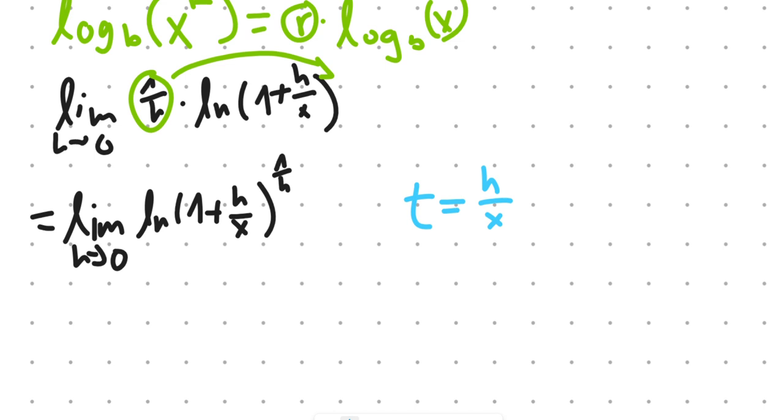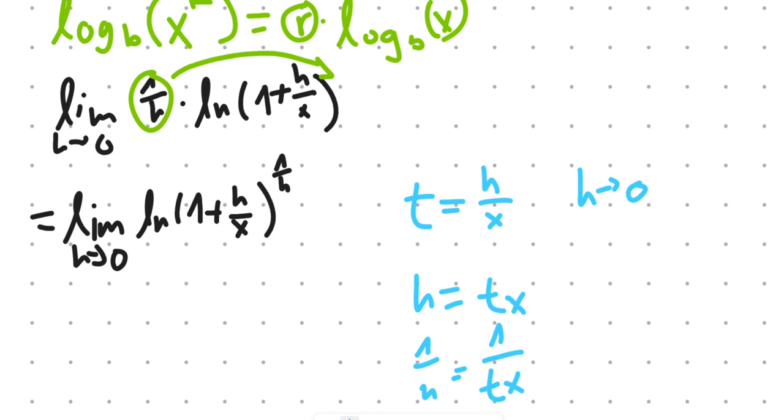So h would be equal to t times x, and 1 over h would be the same thing as 1 over t times x. Okay, now if h approaches 0, this side will be 0, so t should also be 0, so that the equation holds, so t is also approaching 0.